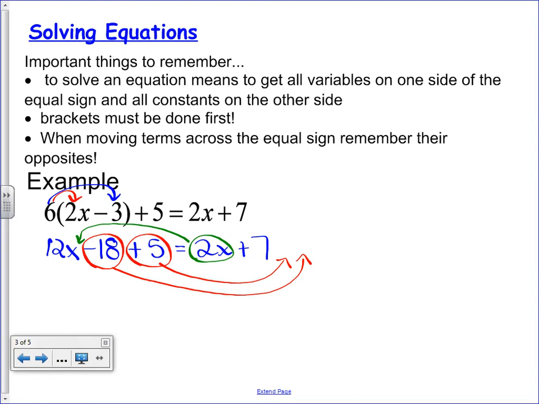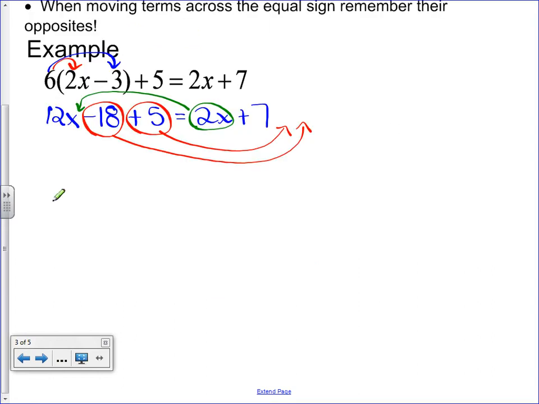So Tristan, can you tell me, after I move everything over, what will I write? Good, because you remembered the opposites. Excellent. Keep going. Minus 5, I like.